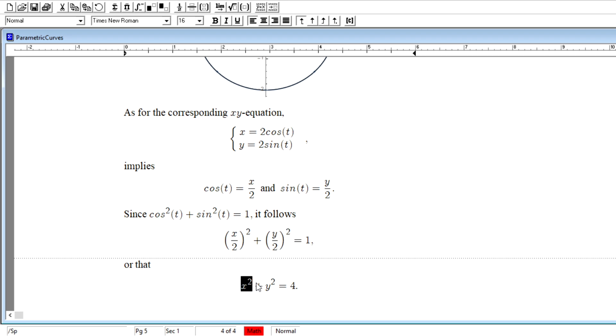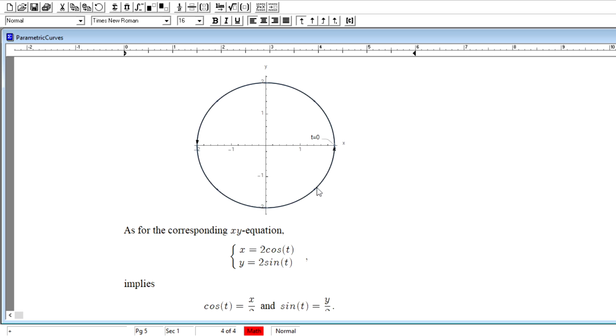Or that x squared plus y squared must equal 4. X squared plus y squared equal to 4 is the rectangular equation for a circle centered at the origin with a radius measurement of 2 units.